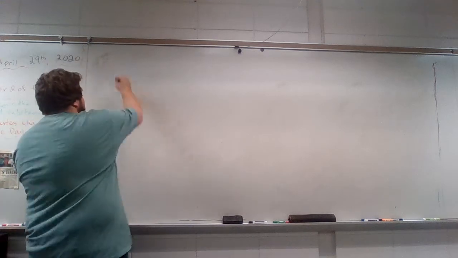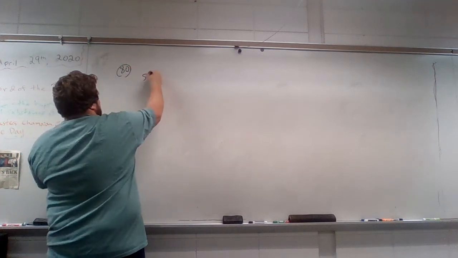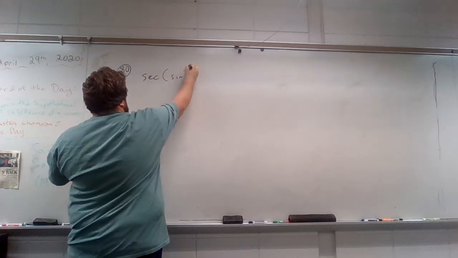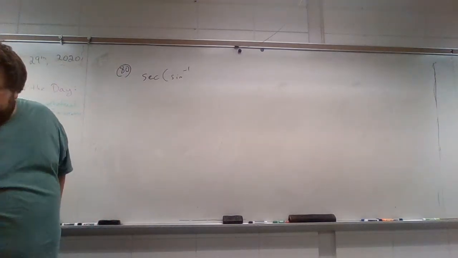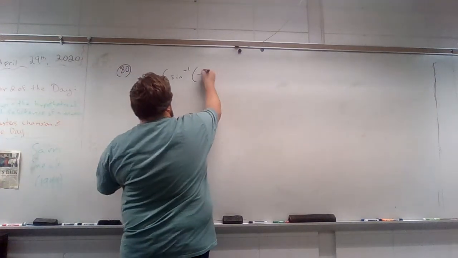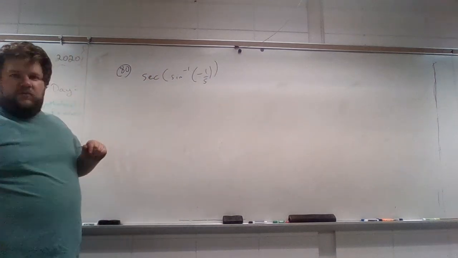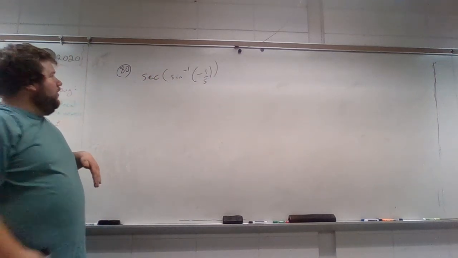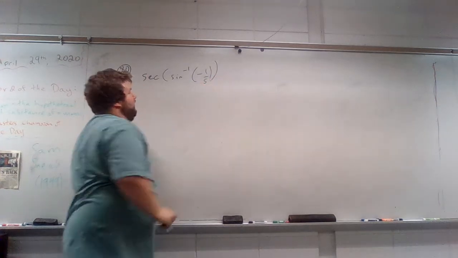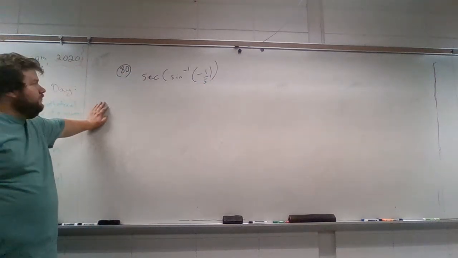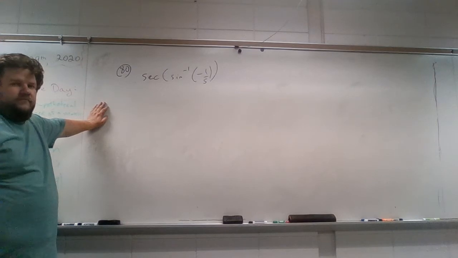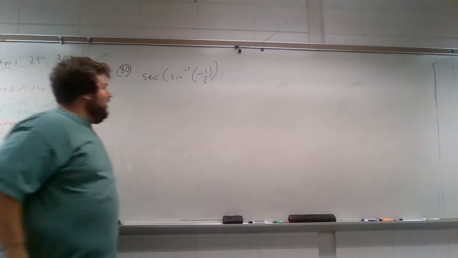This one is 80, secant of sine inverse of negative 1/5. Okay, you can pause the video if you want, but go through and try to find what that value is. Okay, pause it if you haven't yet.